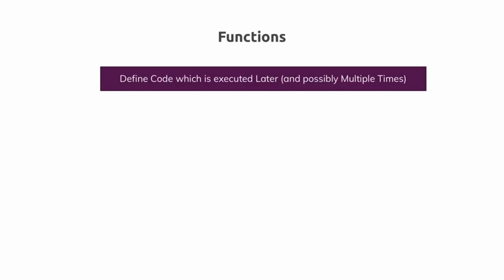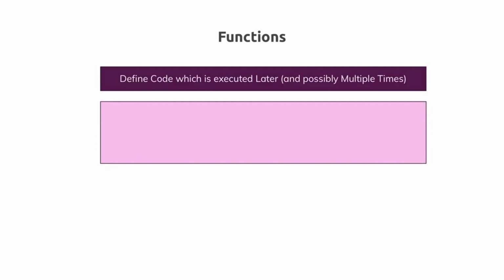A function in Python is defined like this. We use the def keyword, then the name of the function, then parentheses, and then a colon. If you're coming from a different programming language like JavaScript, you would have the function keyword and curly braces. Now, Python uses def instead of function and a colon instead of curly braces.